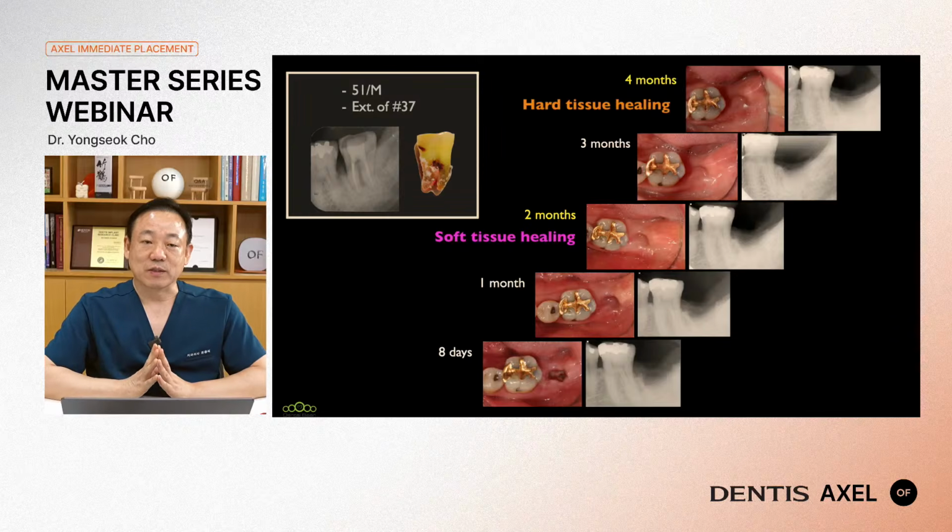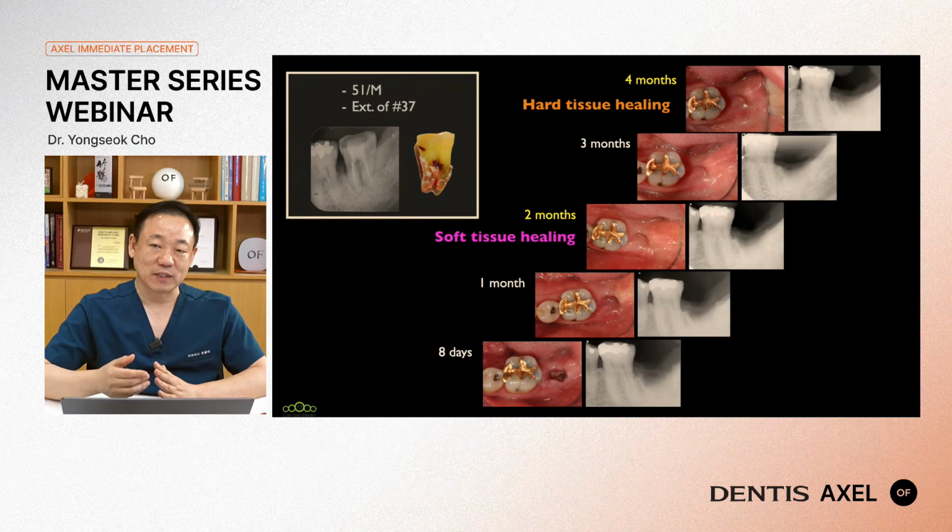Here is a patient who had the left second molar extracted, and in these pictures, the soft tissue healed about 2 months later. However, the hard tissue, bone healing, was visible after 4 months.